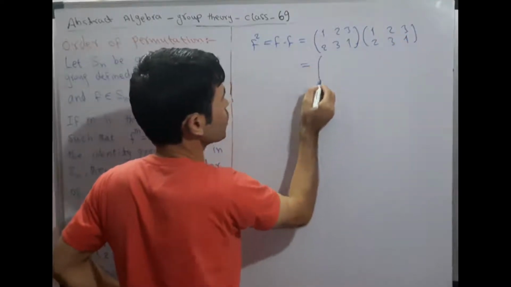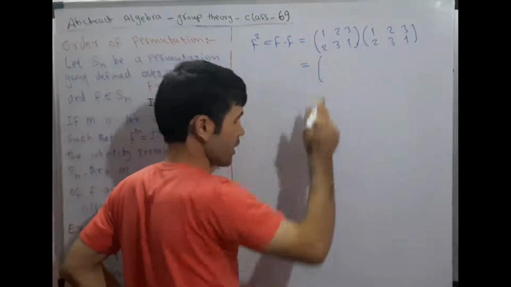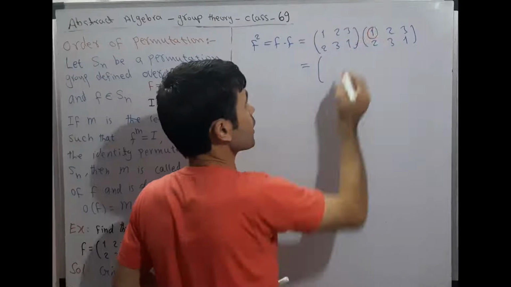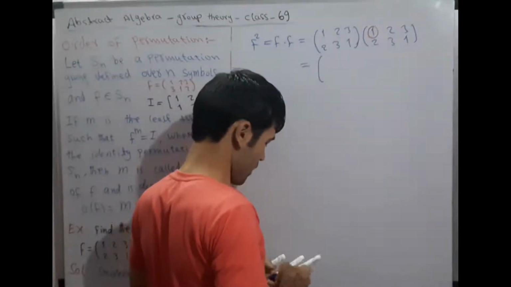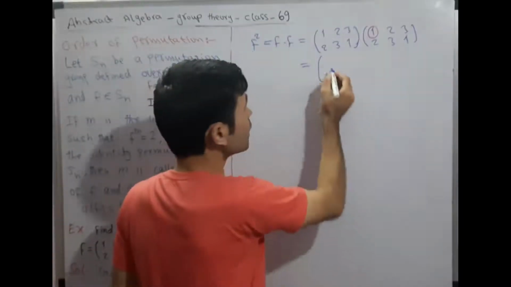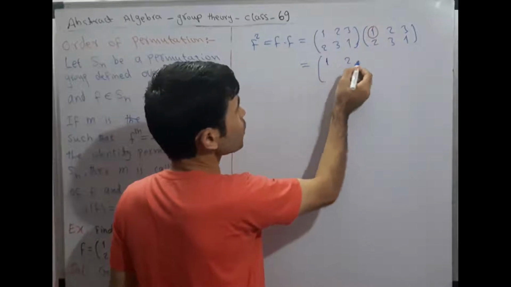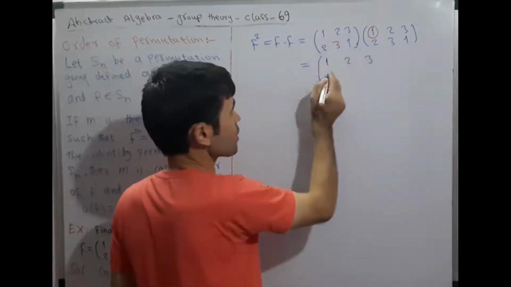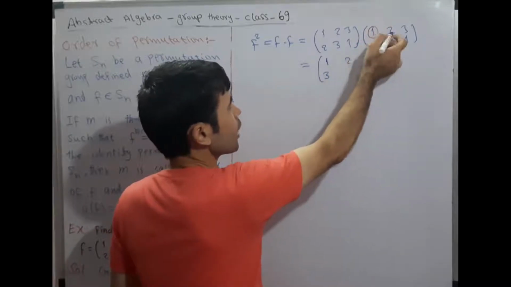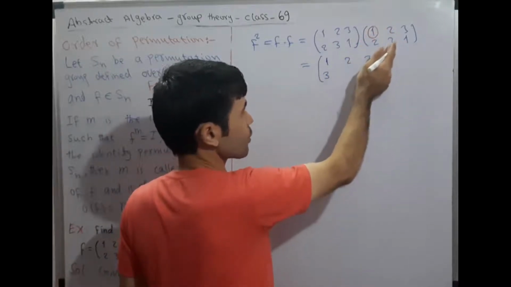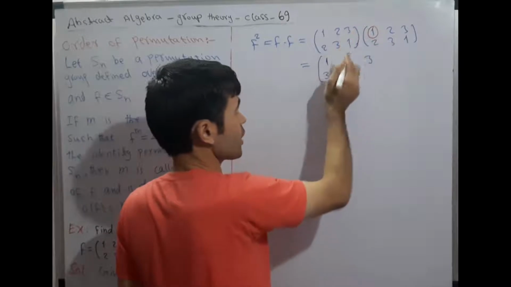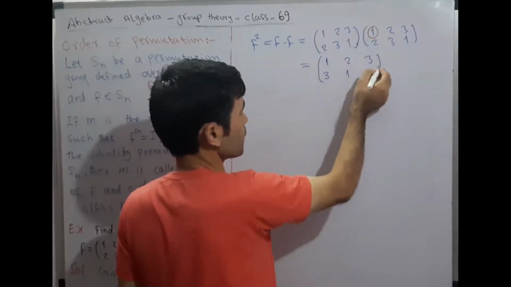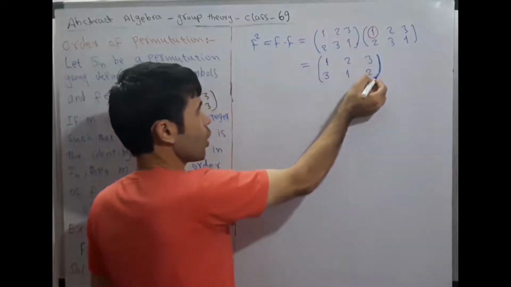It is equal to, here we have 1, 2, 3. Image of 1 is 2, image of 2 is 3. Another element 2, image of 2 is 3, image of 3 is 1. Image of 3 is 1, image of 1 is 2. It is not the identity element.